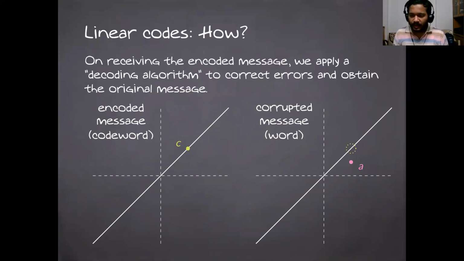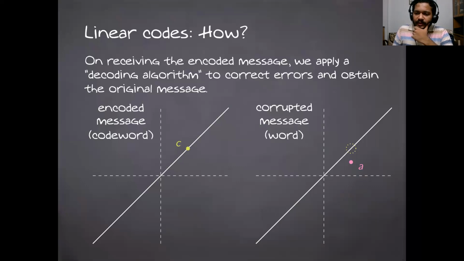But now, what we would like to do is use this corrupted message or word, which I have called here A, and see how far I can correct the errors that have been incurred in A when it traveled via the channel. So the question is, can I do decoding on A and obtain C back intact as it is?